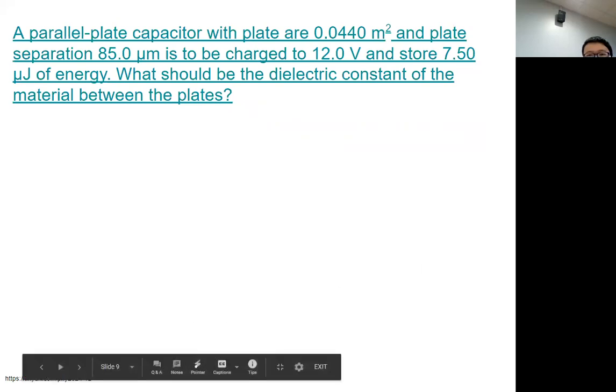Okay, so let's visualize the problem here. In this case, you probably have a double plate, parallel plate capacitor, okay?